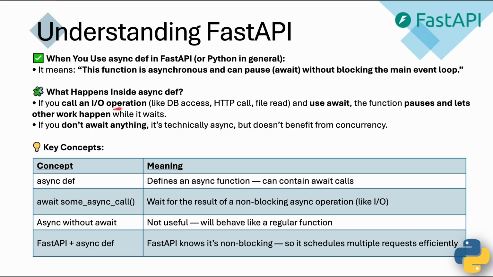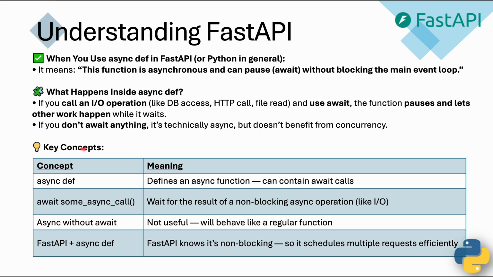If you call an input output operation like DB access, HTTP call, file read, and use await, the function pauses and lets other work happen while it awaits. If you don't await anything, it is technically async but doesn't benefit from the concurrency.